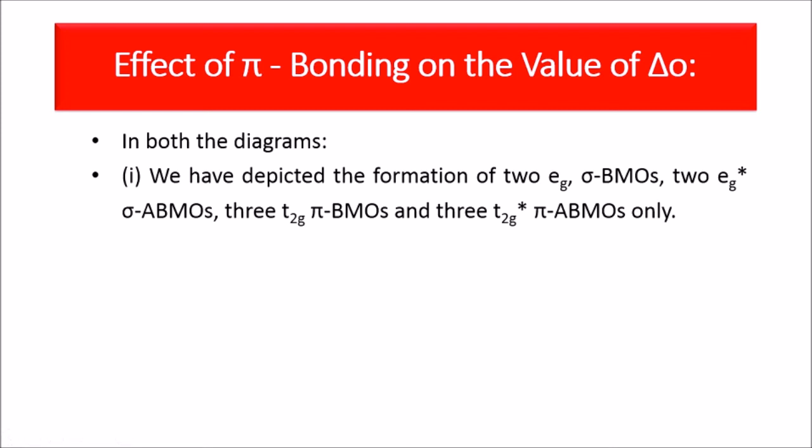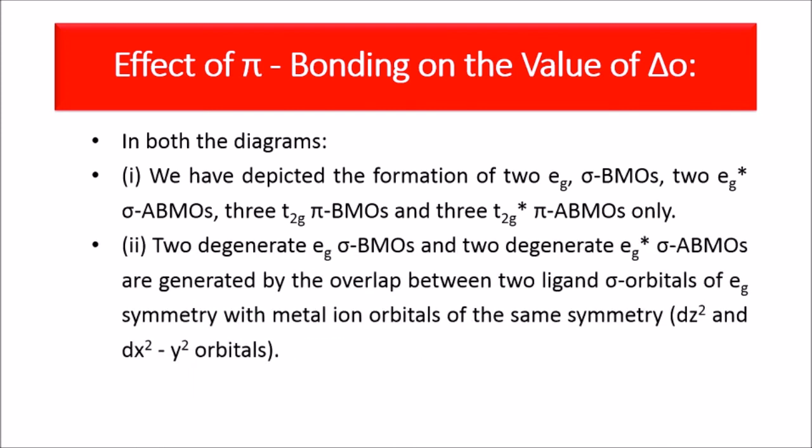So here there is the interaction of sigma donation and pi donation, and these kinds of molecular orbitals are involved in this splitting, and that will give you the idea of either better splitting or less splitting in the complex compound.